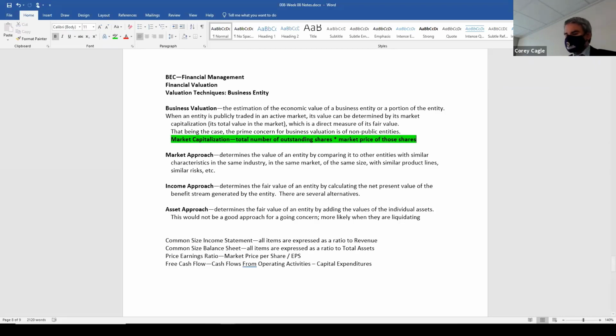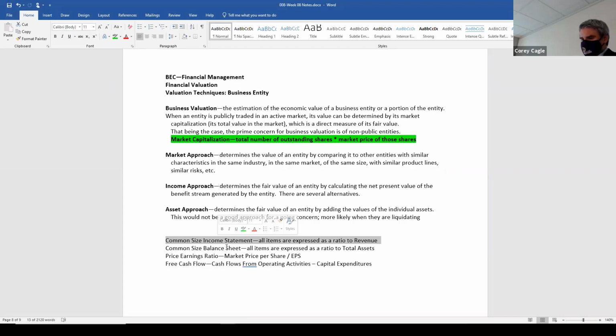And then a few odds and ends here at the end. Things we've done before. Common size income statement, common size balance sheet. We'll call this vertical analysis, where you're expressing all the items.